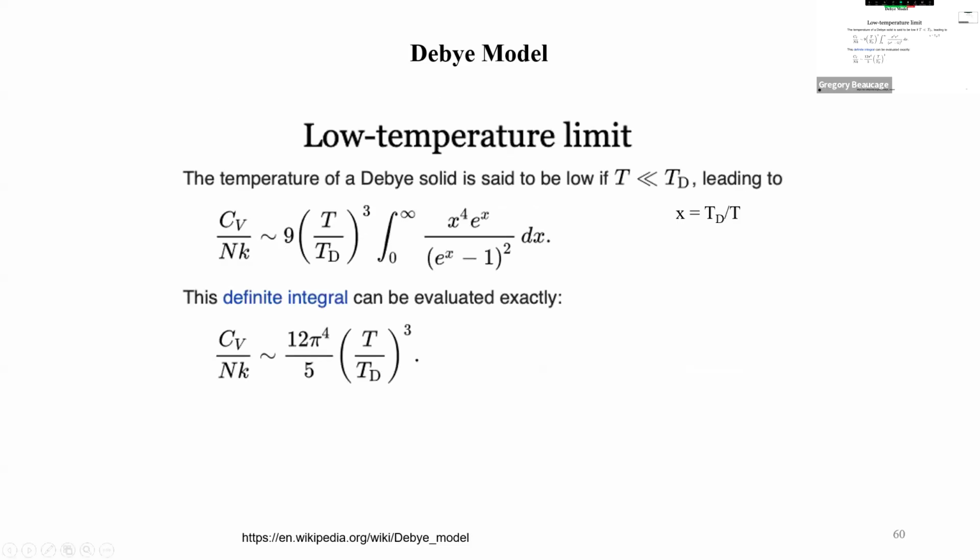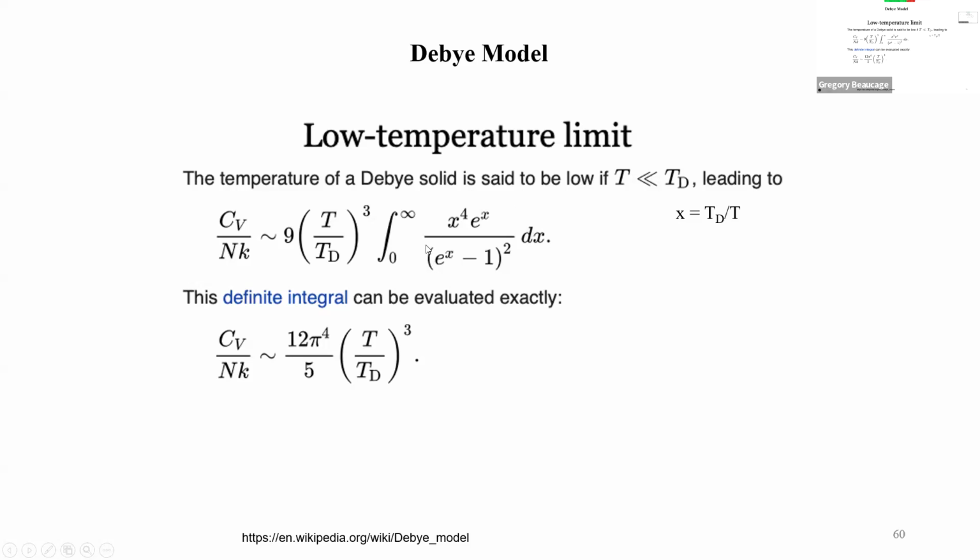The low temperature is kind of easier because at low temperature, the X becomes large, and then this 1 drops out, then that cancels. This is bigger than that. So that just becomes X over e to the X dx.